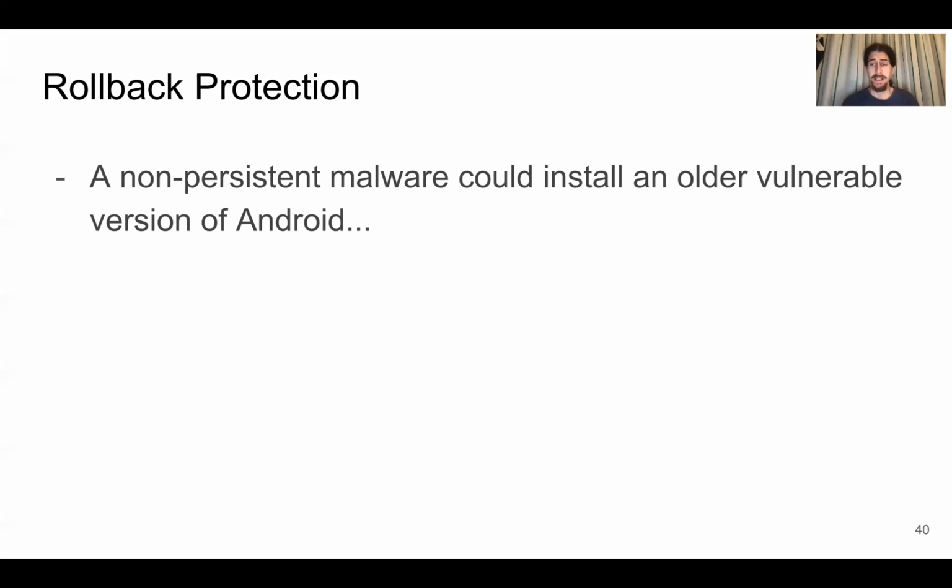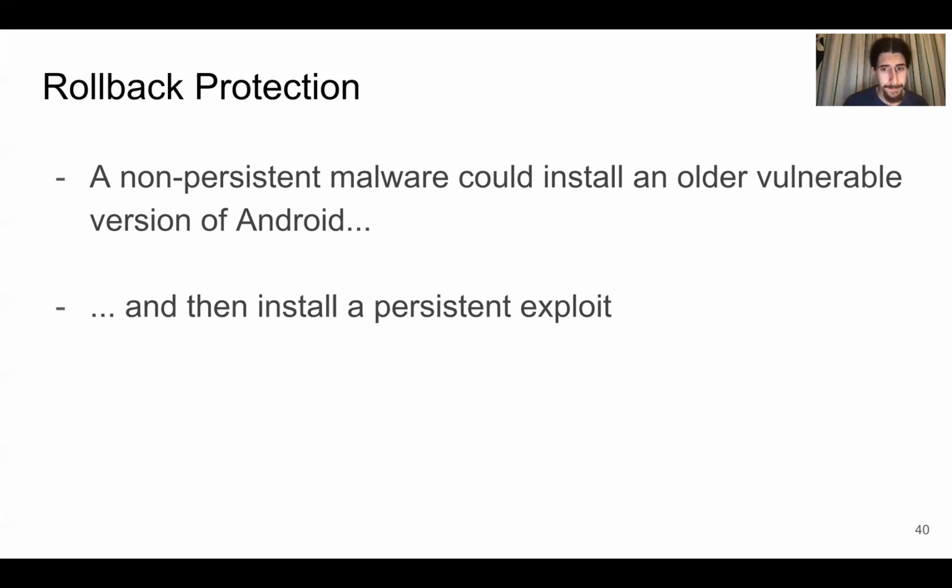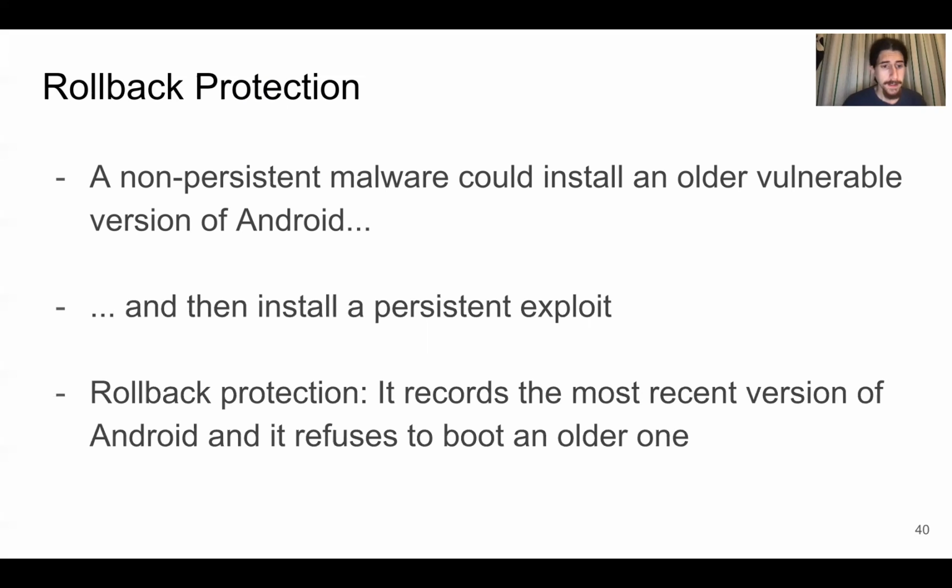Rollback protection is a mechanism that tries to prevent this problem. That's what an attacker could do with this rollback attack: install an exploit and so forth. Rollback protection basically stores somewhere the most recent version of Android that the device has seen, and it absolutely refuses to boot an older one.